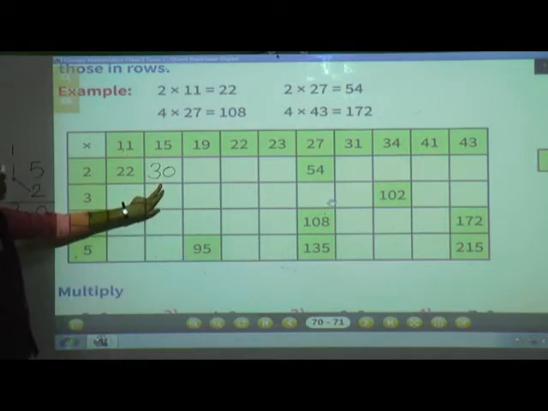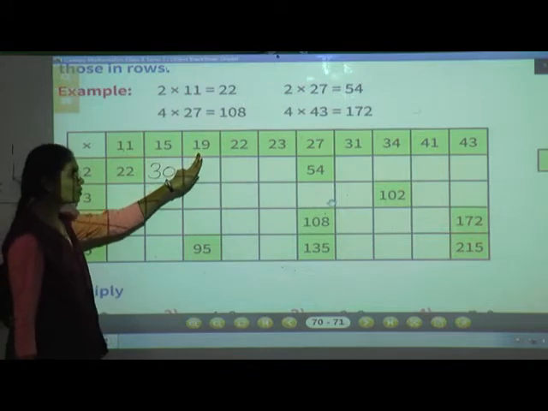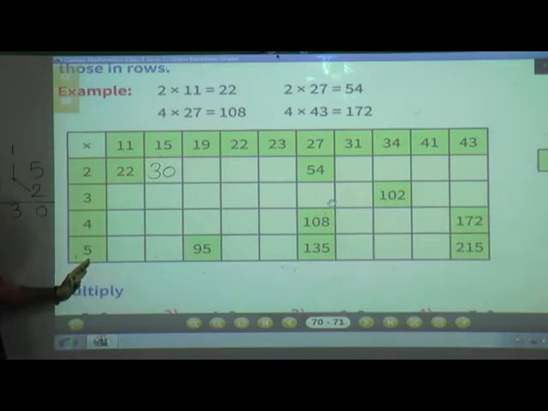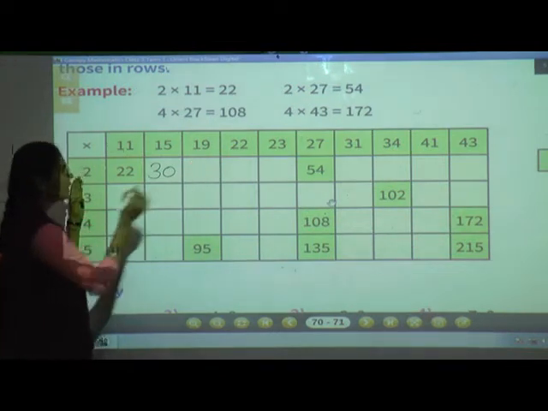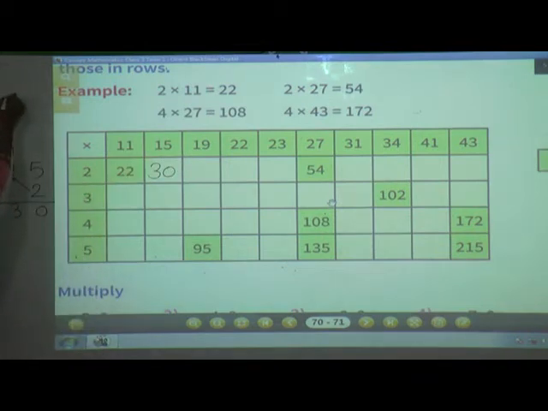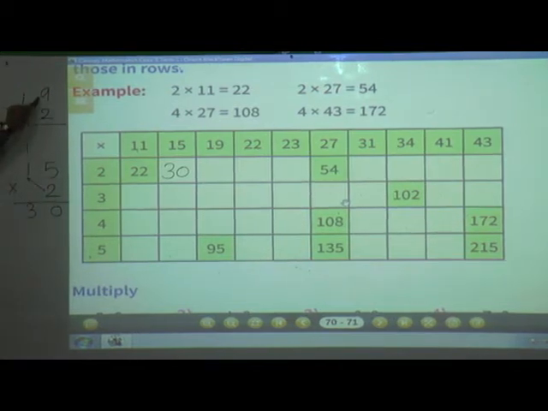Okay. Now see in the row, which number is next? 19. And now see this column. Here 2 is there and here 19 is there. Again do the multiplication, 19 into 2. Now see 2 into 9 ones. 2 9s are 18.